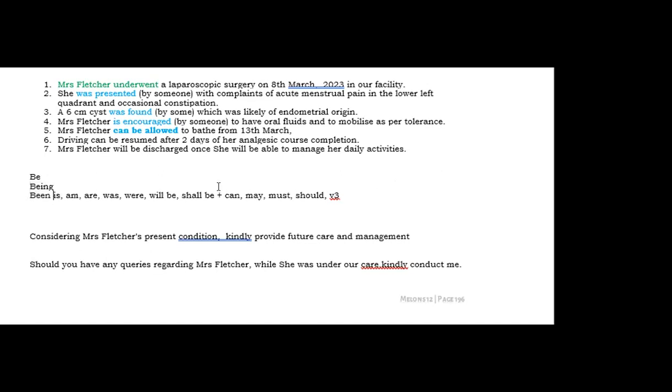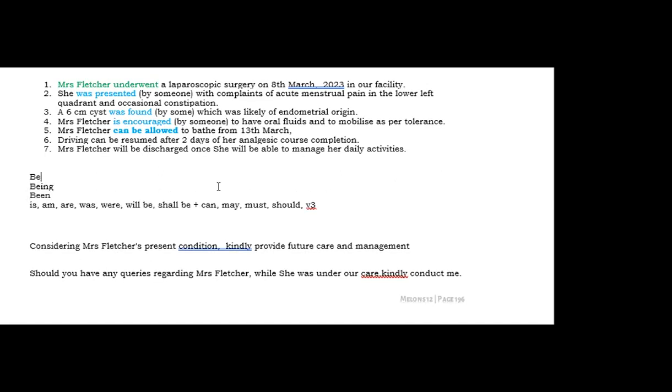And the forms of be are: is, am, are, was, were, will, shall. These are the forms of be plus V3. Easy. Then we also have others like can be, may be, should be, must be. These are the only things known as passive voice. If you understand this much, easy.